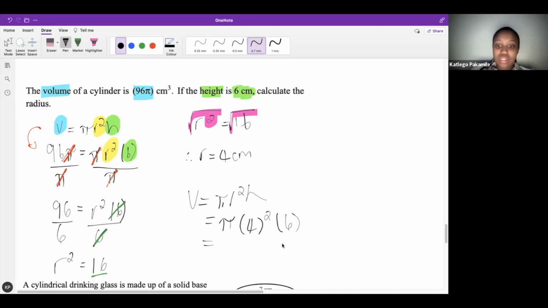Let's go backwards. Does that give us 96 pi? So this part has to give us 96. If you have an 8, it's going to be 8 squared times 6, and that won't give you 96. That will give us 384.